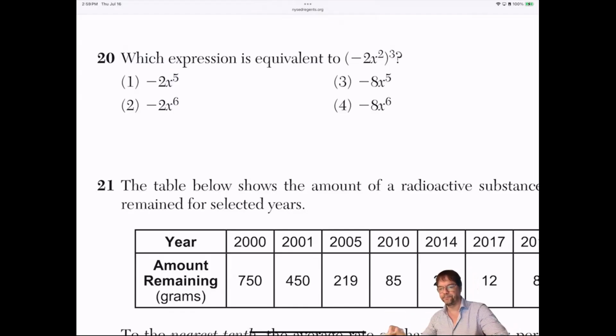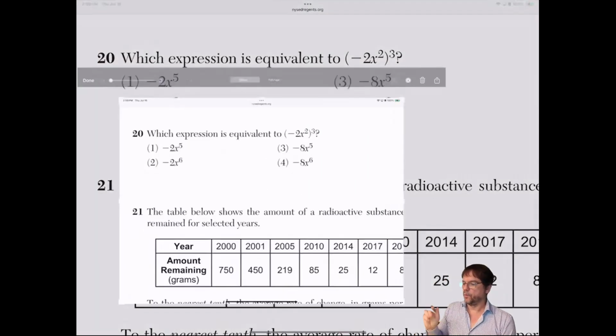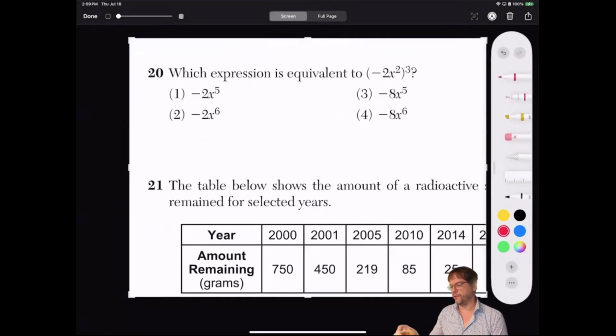Let's see together. Which expression is equivalent to this? You distribute. So you'll be minus 2 cubed x to the power 6. Do you agree? Is that okay?